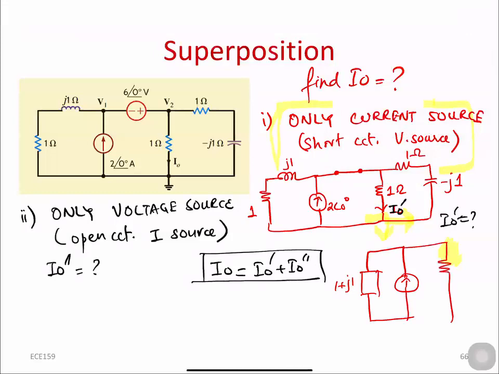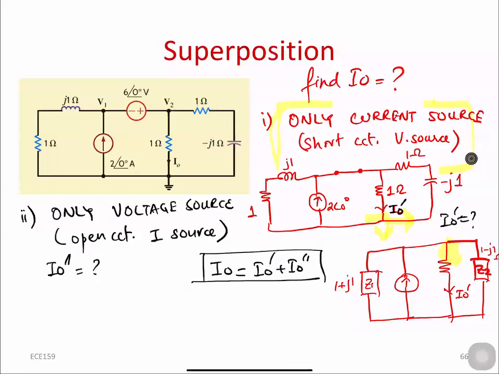I will keep this branch because I have to find out I naught prime here. And then I will just have another impedance here, which is 1 minus J1 ohms. So I have one impedance here, one impedance here. What I can do is solve these two parallel combinations. So this is Z1, let's say, and this is Z2.